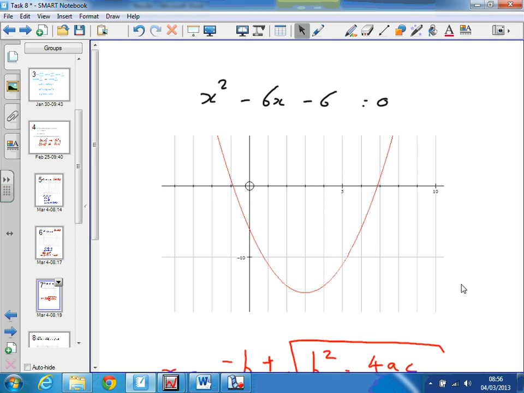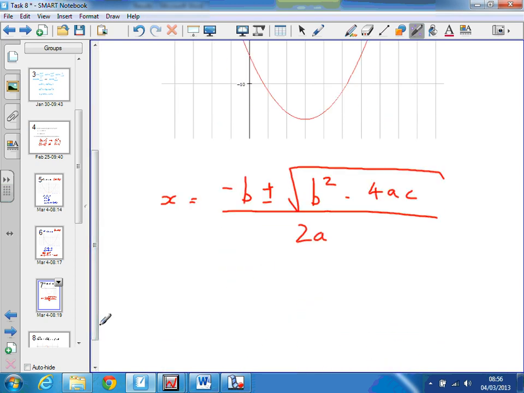The constant term, remember what we were saying earlier, it tells us where it cuts the y-axis. So when x equals 0, y equals minus 6. So this point here is minus 6, where it cuts the y-axis. And then we've got two places where it cuts the x-axis. Two solutions, but now we've got to do a bit more work to get them. And unless you can see a very quick way to factorize these things, generally we fall back on this quadratic formula, which is the solution to the general quadratic.